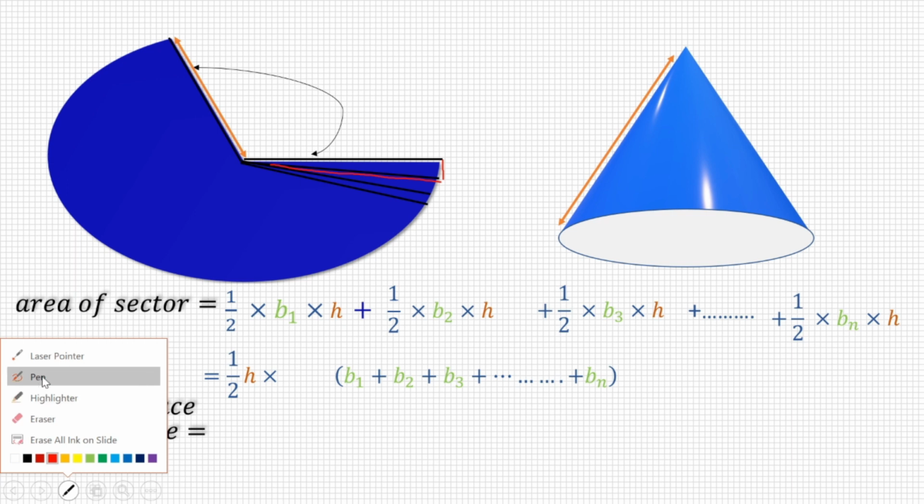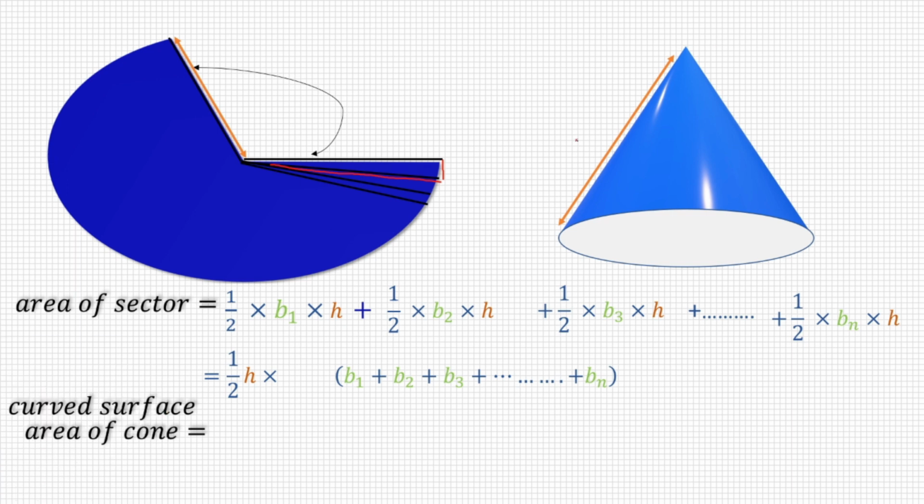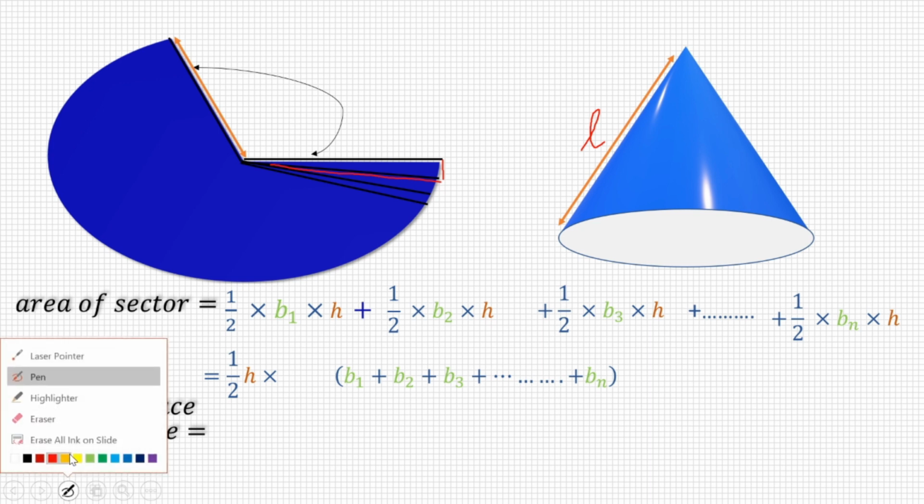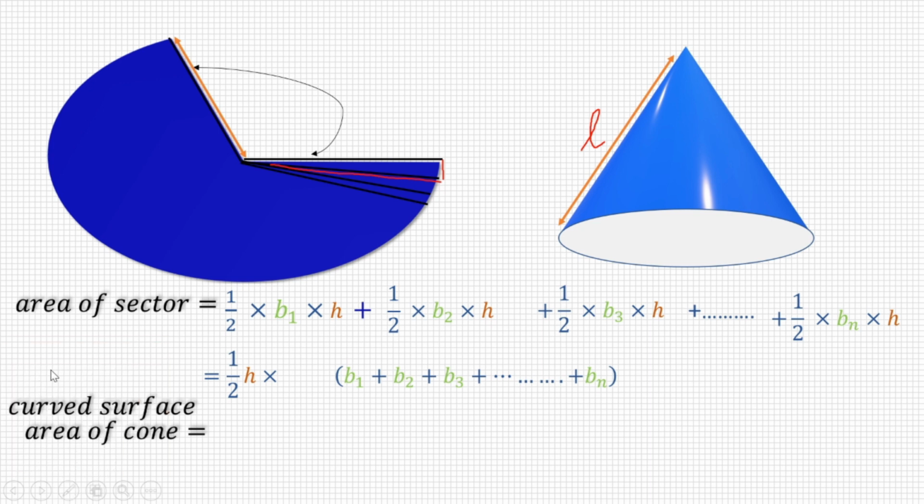And the slant height of the cone has a conventional variable: we call slant height L. So on joining, the height of the triangle becomes the L of the cone.